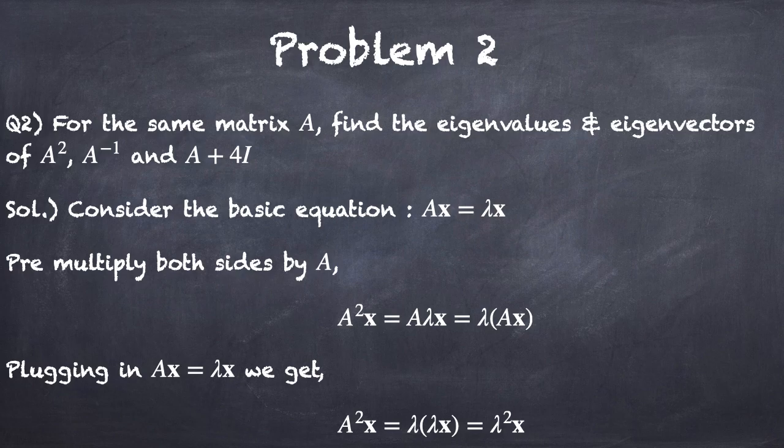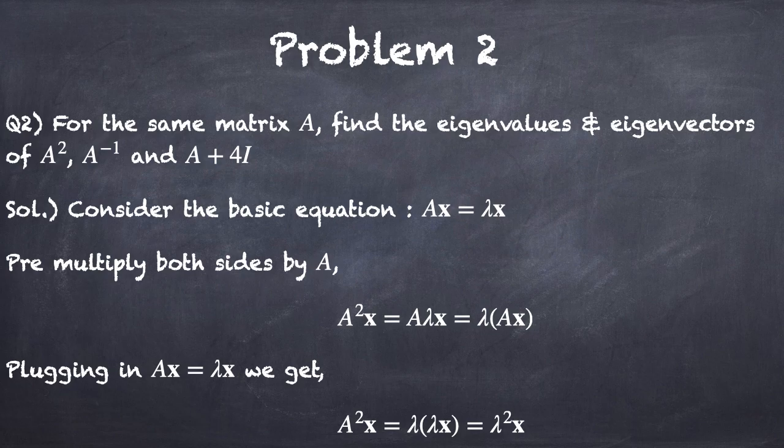Now as lambda is just a scalar, we can factor it out. If this was a matrix, then it might not be allowed in most cases. But because it's a scalar, we can factor it out, and the multiplication A times x is allowed, right?